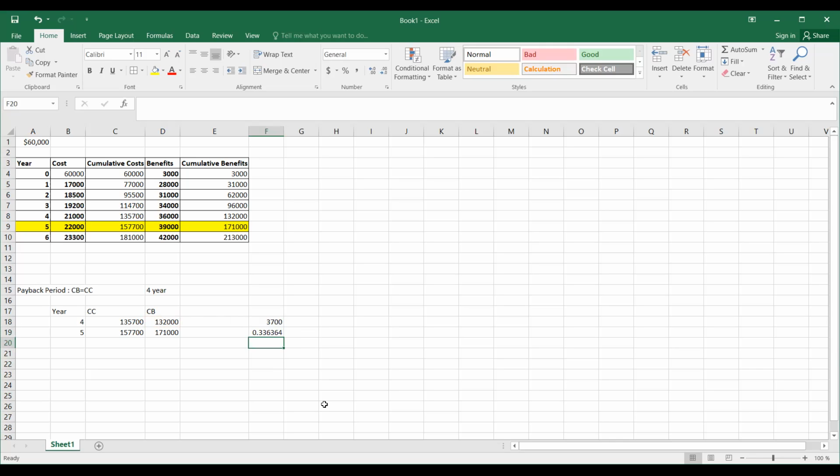So 0.33. Now this is a correct value, because I once actually got 6 months and thought no, something is wrong. Why is something wrong? Because the difference between the two is just 3,700. So this value that you get, you'll have to edit here. So 4 years and 0.33 months.